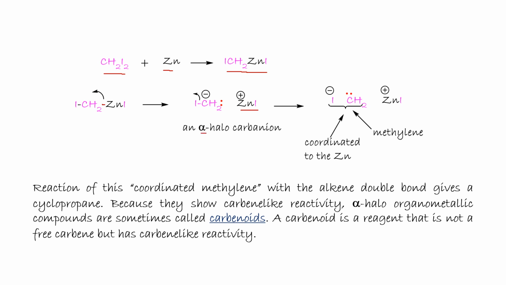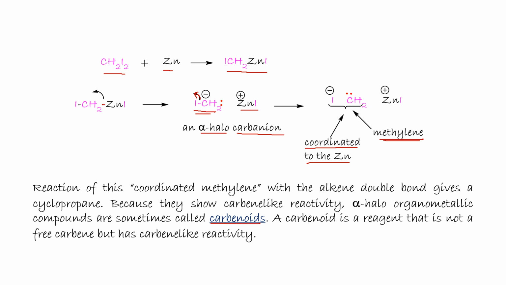Here we call it alpha-halocarbanion, moving the iodide out with its negative charge, so it will be iodide CH2, that's the methylene or carbene-like, because the carbene is not free carbene, it is coordinated to the zinc, and since it reacts like carbene, we call it carbenoid.